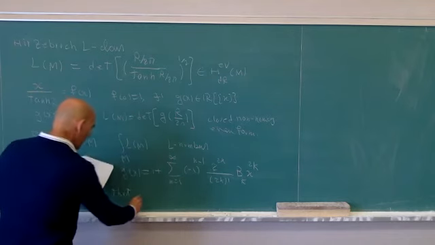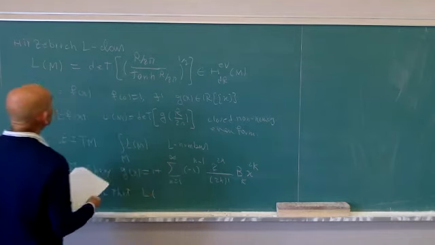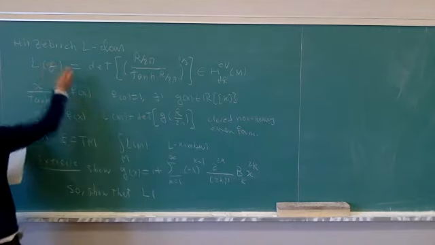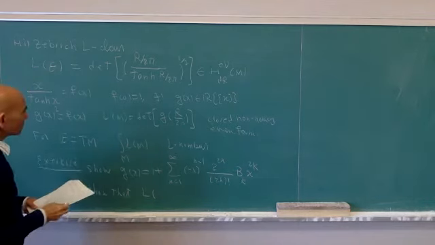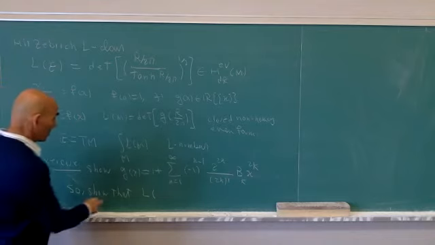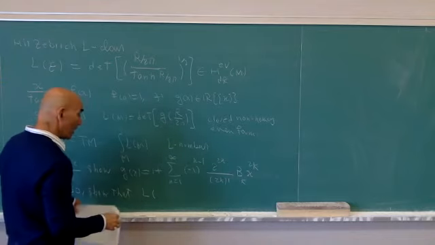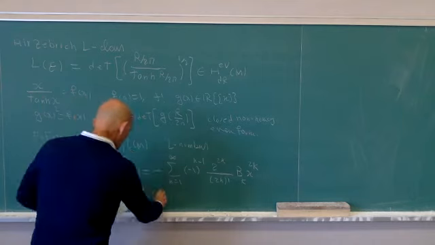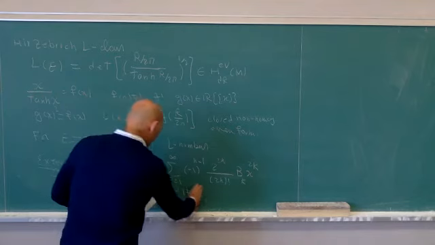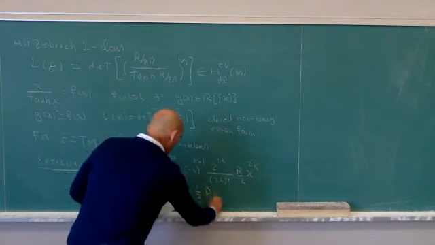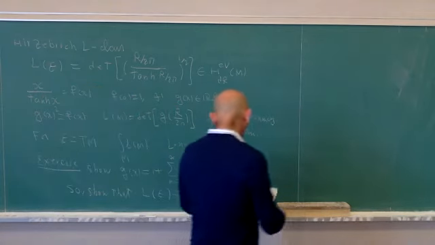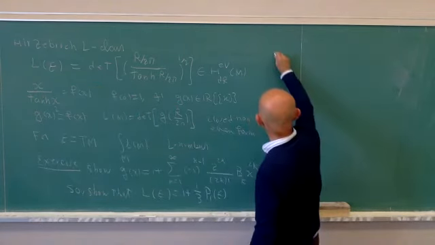You show that L of, why did I put L of m? It should be L of E. I'm sorry. This is L of E. This is for any vector bundle, a real vector bundle, for example. So show that L of E is equal to 1 plus 1/3 of the Pontryagin class of E. And remember, we had this formula for A hat.